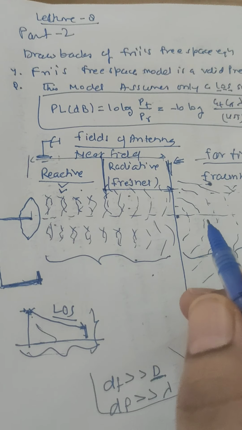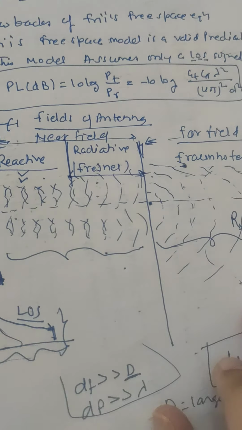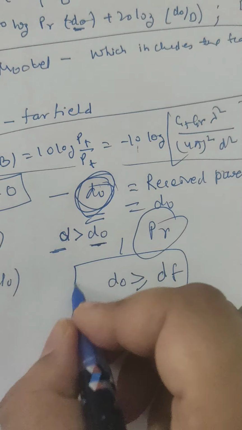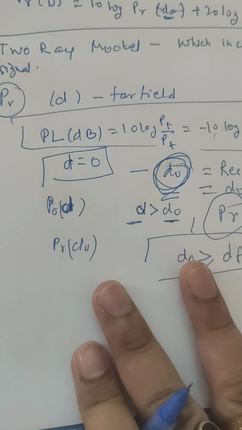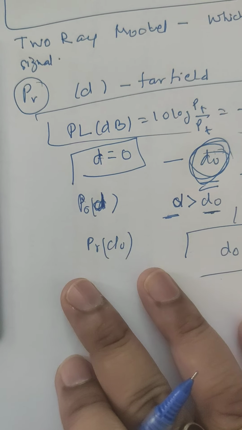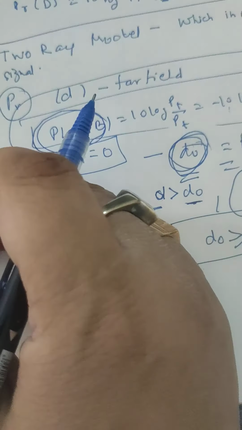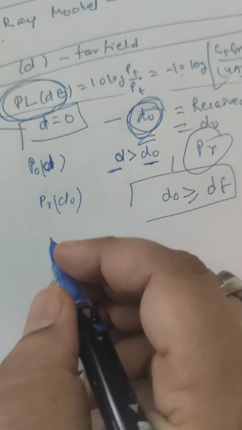So it must be chosen such that it lies in the far field region, so d naught is greater than or equal to the Fraunhofer distance, and d naught is chosen to be smaller than any practical distance used in a mobile communication system. Thus, using this equation, the received power is that of free space at a distance greater than d naught.